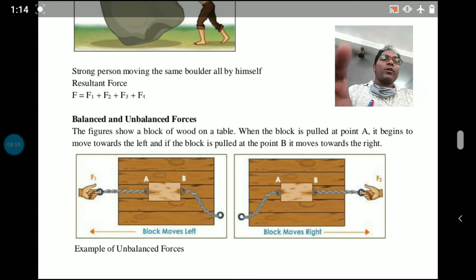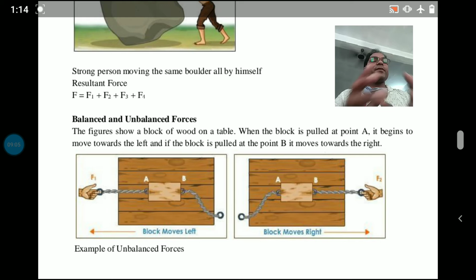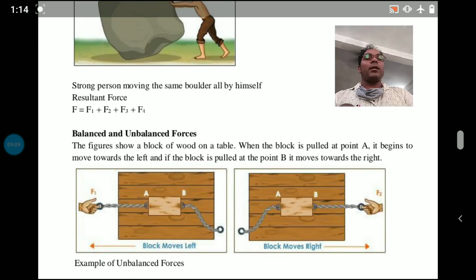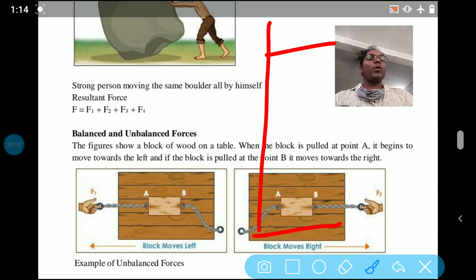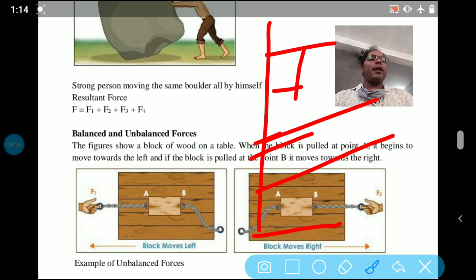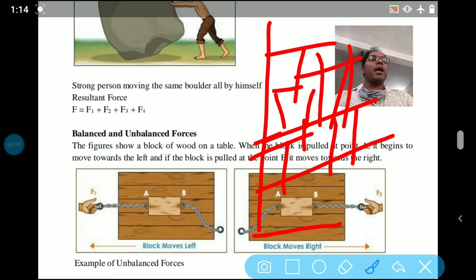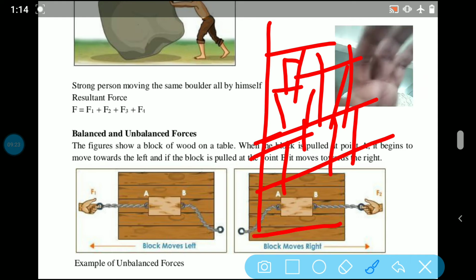Now, what is a balanced force? Same definition, just the opposite of unbalanced force. Our ball is there, and this ball is going to be pushed by a person. When the person pushes the ball, there will not be any change in this ball.